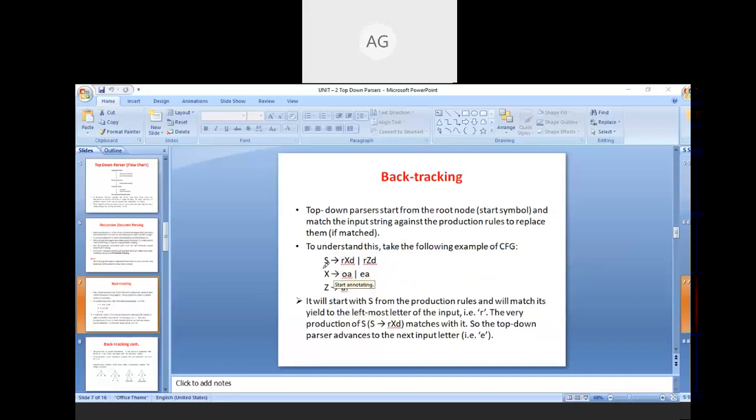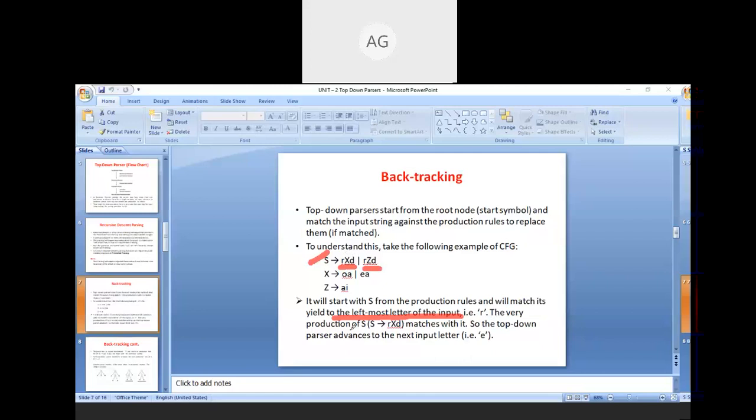The start symbol is S. It will start with S from the production rules and will match its yield to the leftmost letter of the input. Here you can see from the start symbol, you can go either to this production or to this production, and in both productions, you can see small r is at the leftmost side.